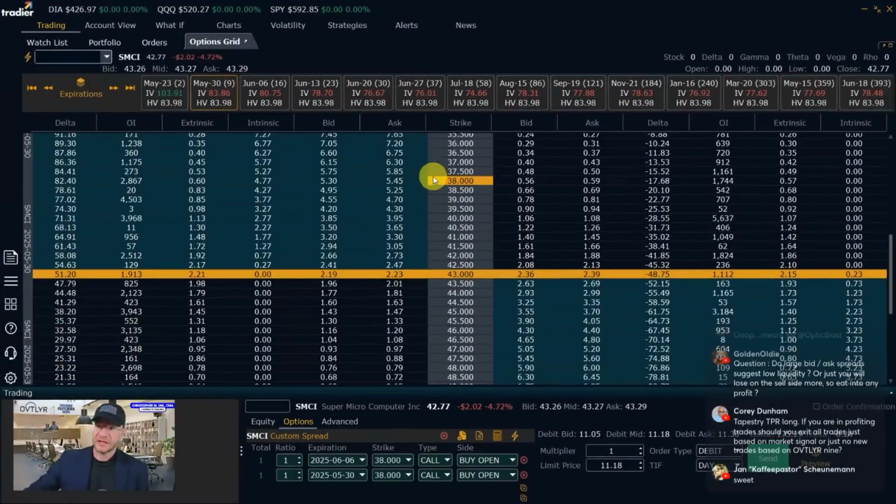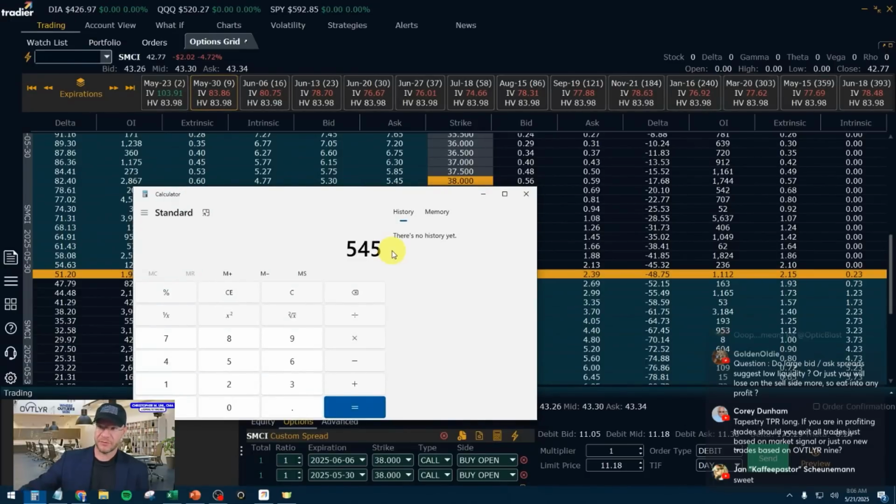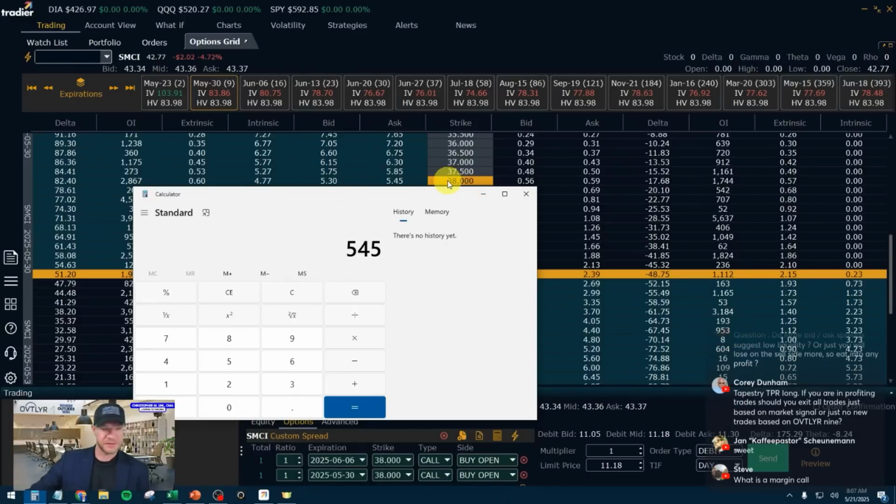But let's say that I bought one contract for $545, right? So I spent $545 on the contract. Now remember that this value is times 100, so $545. And then I was not paying attention. It expired. Now I own 100 shares at $38, so plus another $3,800, right?